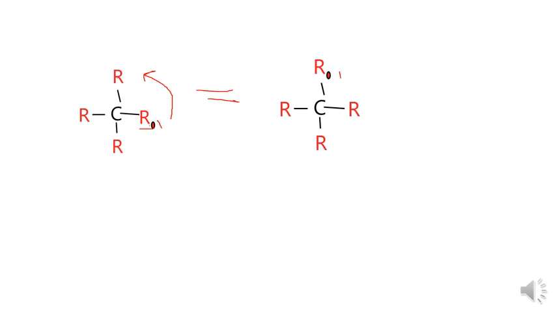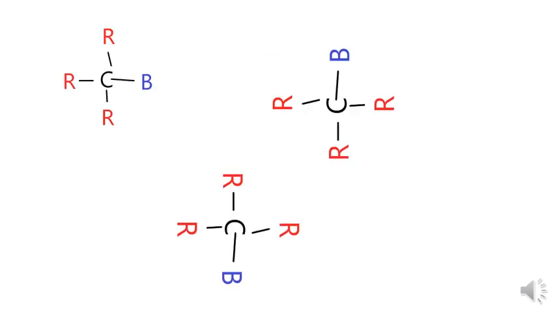Looking at the two structures, they don't look the same when they're placed next to each other. You can't drop this guy on top of this guy and have them be the same. But if you're allowed to rotate it counterclockwise and clockwise, you can see you get the same structure. So these two structures are equal.